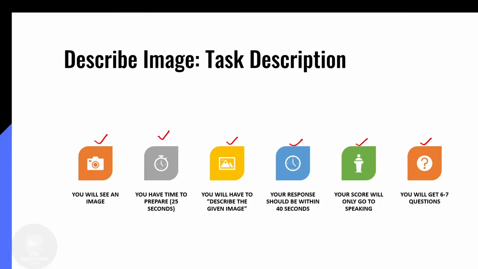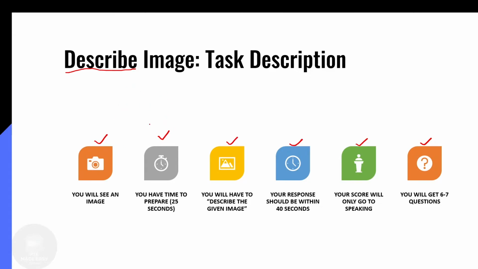One of the very important things of describe image, I always ask students to look at the name of the question type. It says describe image. So you have to understand that the image that you get needs to be described rather than trying to be very logical. Whatever you see, you describe.